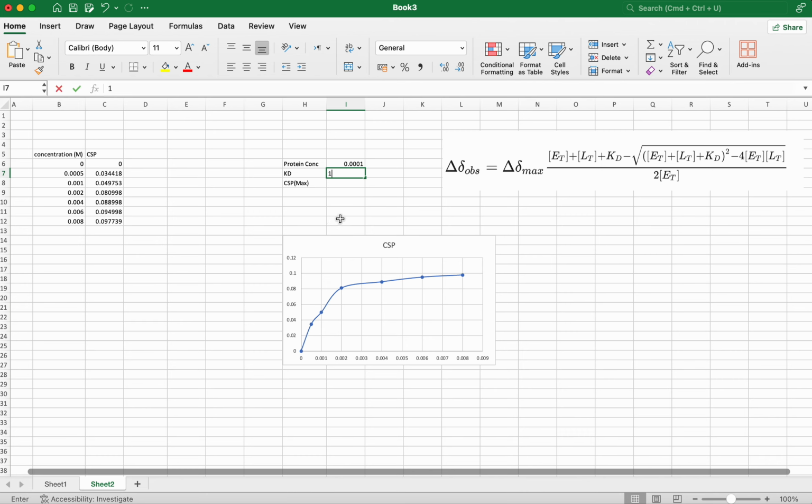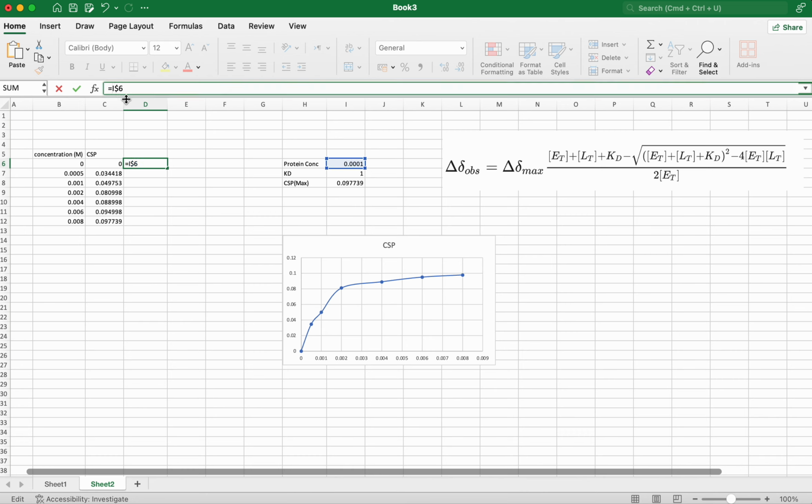KD I put just 1 at the moment, and CSP max is this value, the maximum. So in this case, I put the theoretical calculation with the same formula, the total protein concentration, and I want to fix this, so I put a dollar sign. I don't want this value always changing.